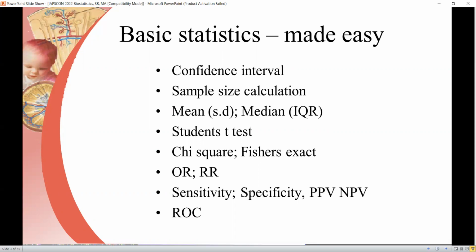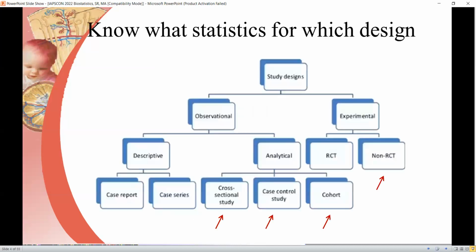So today we will see a bit about confidence intervals, sample size calculation, mean, median, student's t-test, chi-square test, Fisher's exact test, odds ratio, relative risk, sensitivity, specificity, and then predictive values and ROC curve. That's quite a lot, but I will take you through illustrations so that you can understand it very quickly.